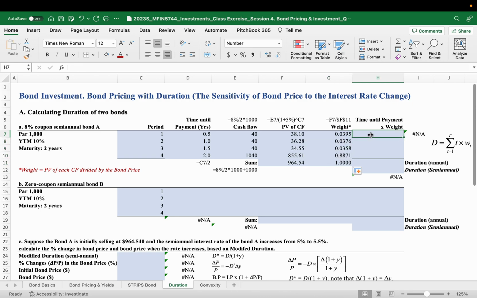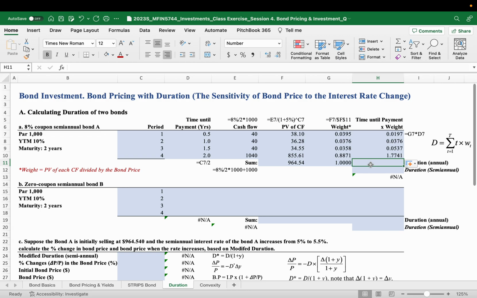Now we need to, right, link finally this time, not period, time. So here, this weight times the years. So duration is years, right? So here we got all the time until the payment weighted by this present value of cash flows.